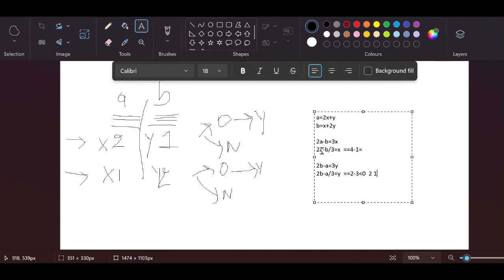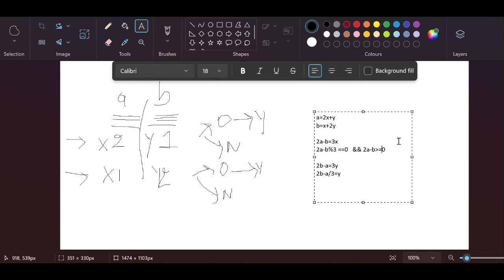So for this condition, let's clearly understand this. Along with this condition, we have to check whether 2a minus b is greater than or equal to 0 or not. So here we have to perform the division, right? If the division is performed well and good, that means the remainder has to be 0.